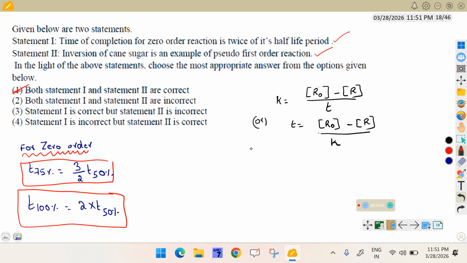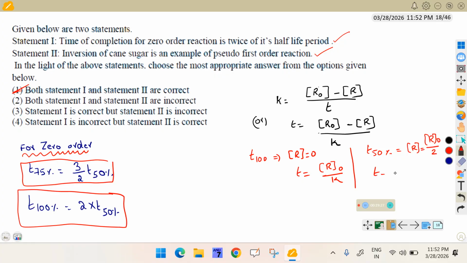If T100% is the time of completion, T100% means the value of R is taken as 0. Substitute R value 0, then T is equal to R0 by K. Now twice of its half-life period, T50%: the value of R is equal to R0 by 2.